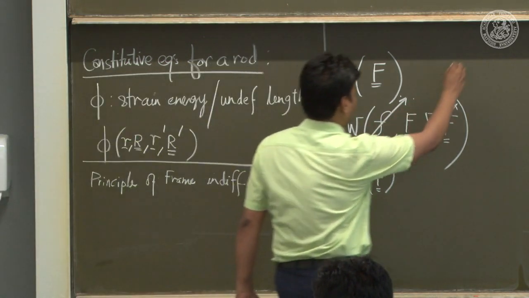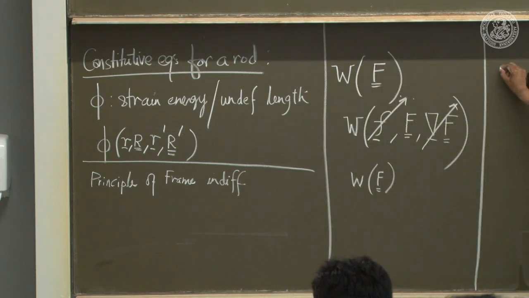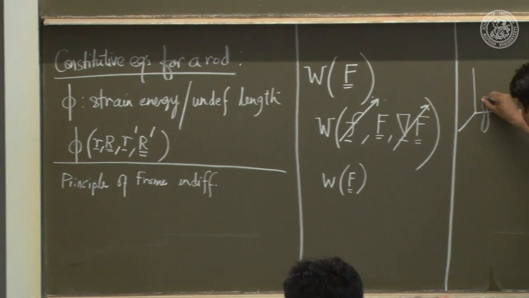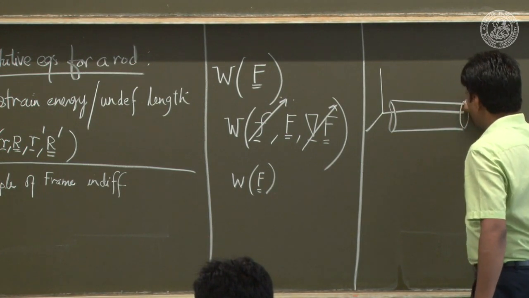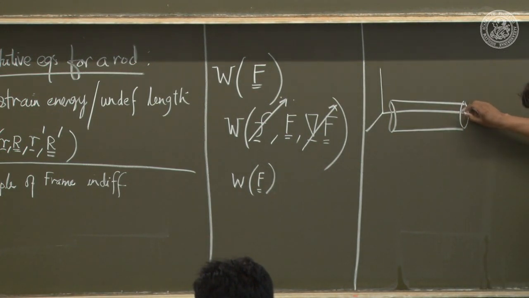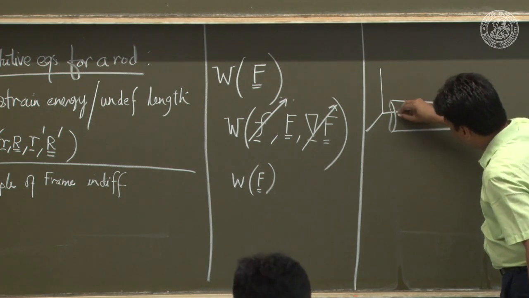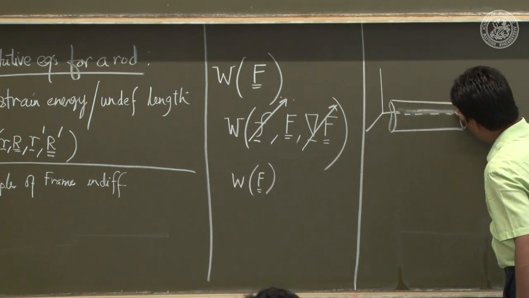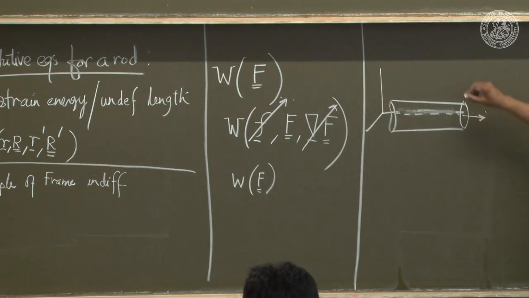Okay, so maybe I will do it here. So, we have our undeformed rod, which gets deformed and maybe looks like this.